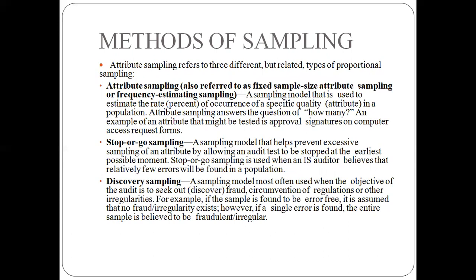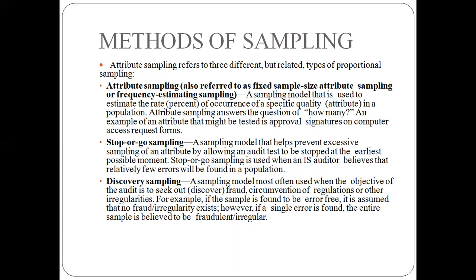For example, I'm looking for access control forms that have authorized signatures. The attribute, the characteristic I'm looking for, is the authorized signature. So in attribute sampling, we are looking for the presence or absence of a characteristic, and because of that, we use attribute sampling for compliance testing. We want to know whether what is required is present or absent.